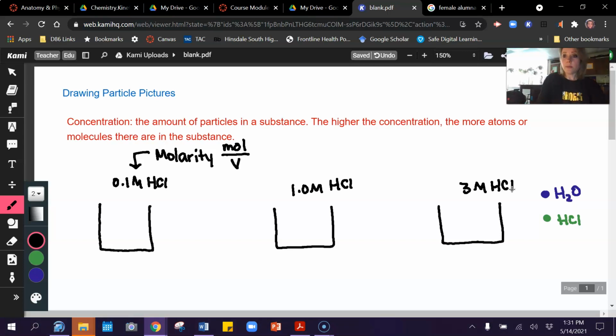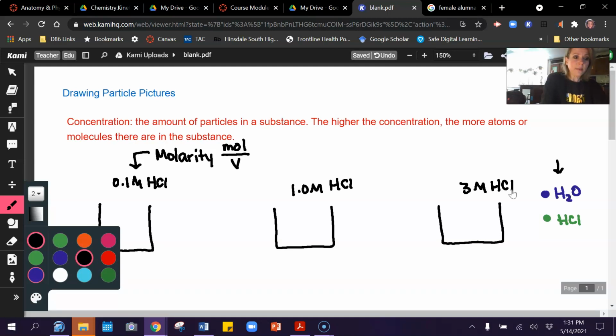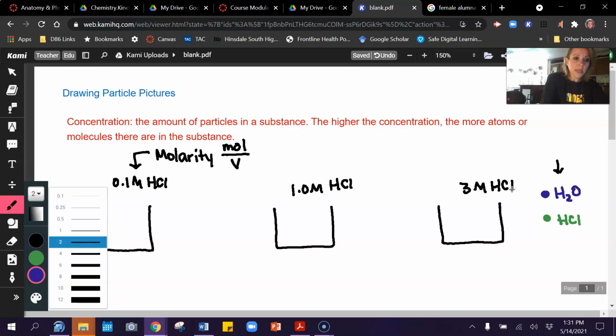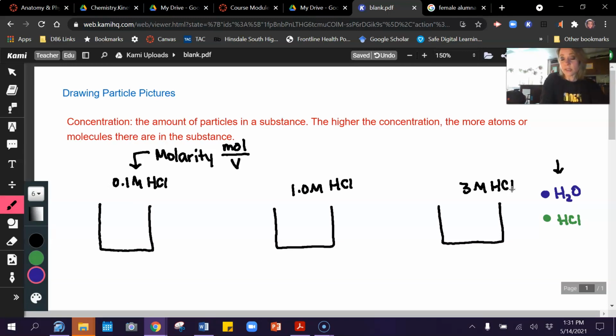And so all the way over on the right, I made a little key to show you what my next drawing is going to be. I'm going to use my blue dots to create water molecules, and green dots to create my hydrochloric acid molecules.